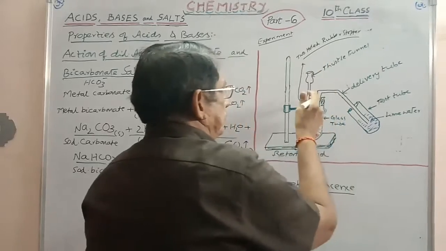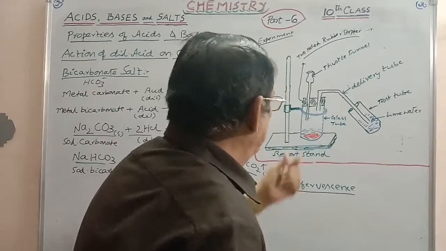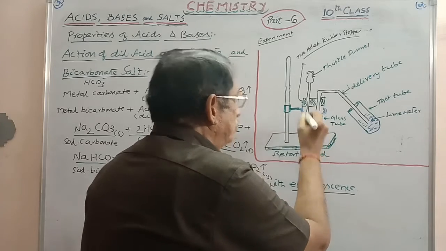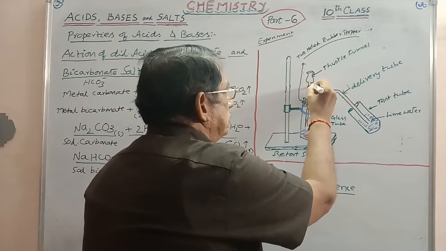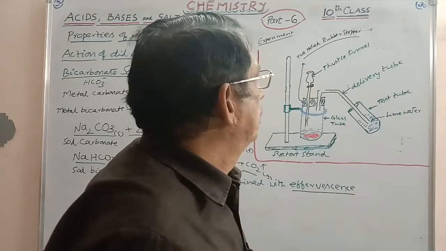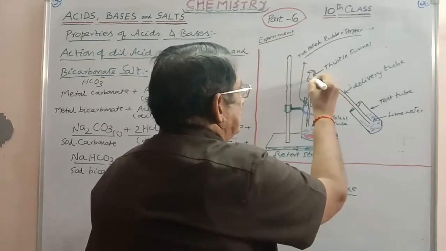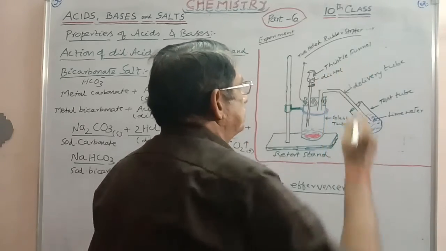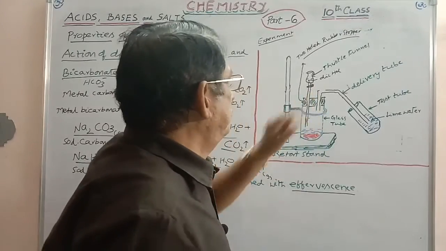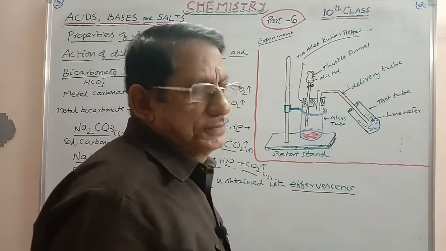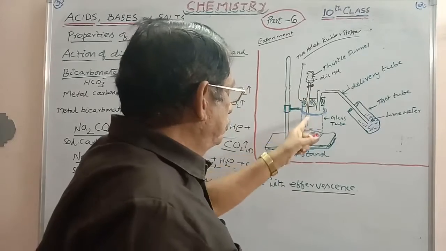From one hole, the thistle funnel is introduced. Through this you can release the acid that is taken here. This is dilute HCl taken. So into this funnel you have to take dilute HCl, which is introduced through one hole.